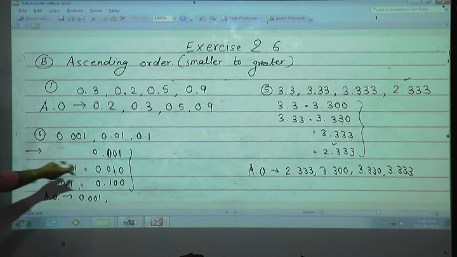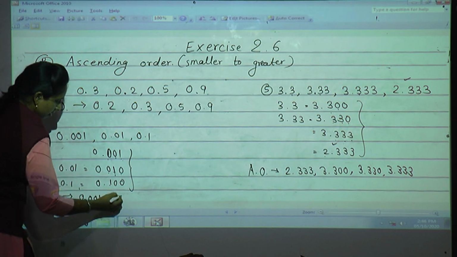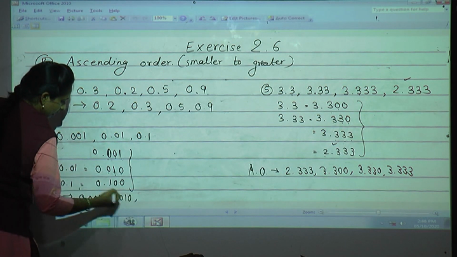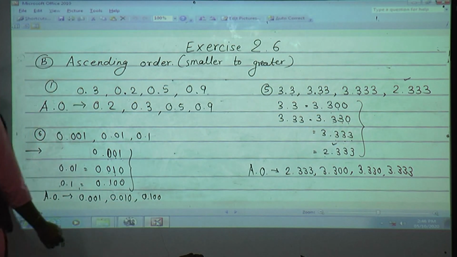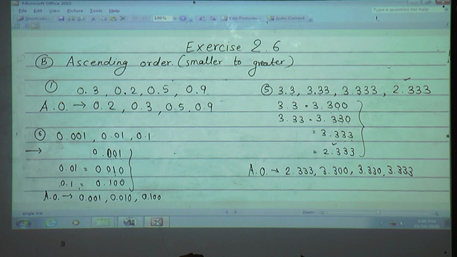So what is the next number that will come? 0.010, and at the last the remaining number 0.100. Clear? Yes? Understood everyone? Very good.